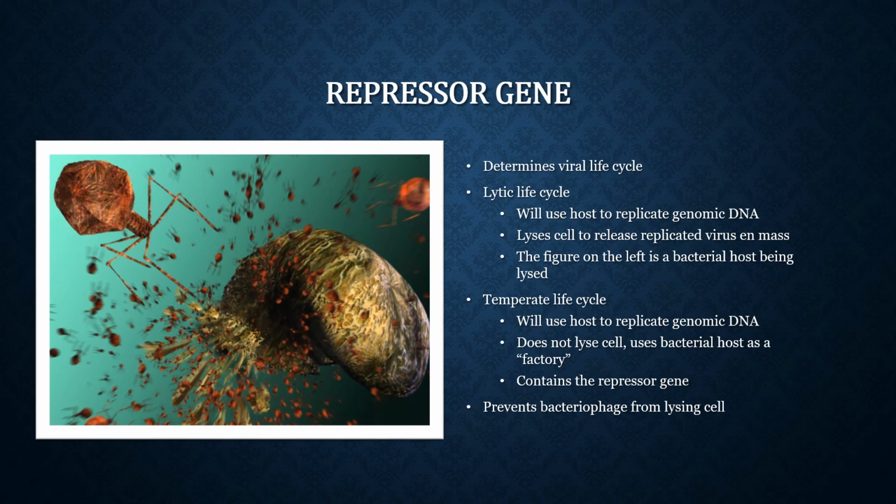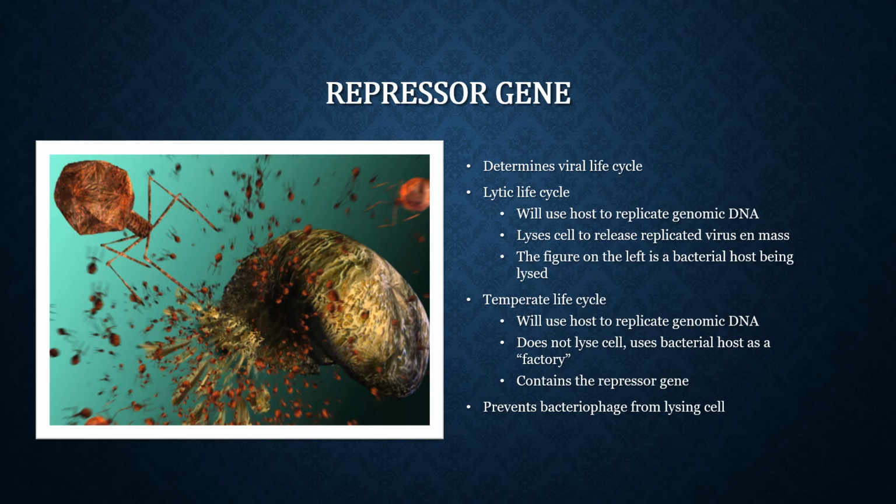So the repressor gene. This is what is going to determine the life cycle of the virus, as I was talking about previously. If a bacteriophage does not have the repressor gene, it will be in the lytic life cycle, meaning it will use the host to replicate its DNA, and once it has replicated enough bacteriophages, it will lyse the cell membrane on the bacterial host and release the virus en masse, which essentially explodes the host, and all of these bacteriophages are released to go infect other bacteria in the surrounding area.